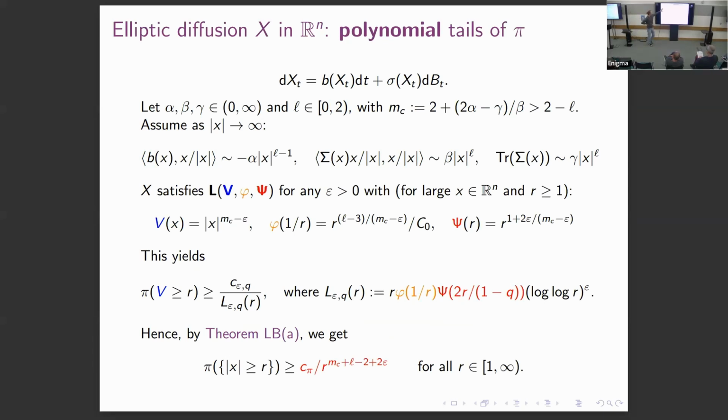This model has been studied in terms of upper bounds, and the upper bounds were obtained with a Lyapunov function. To get lower bounds, you can use the same Lyapunov function and then get the functions phi and psi just by calculating the tree. So we don't have to come up with a new Lyapunov function. We can just find a good function for upper bounds and then plug it into our machinery, test it, and get the lower bounds. So it really naturally complements the known theory on the upper bounds.